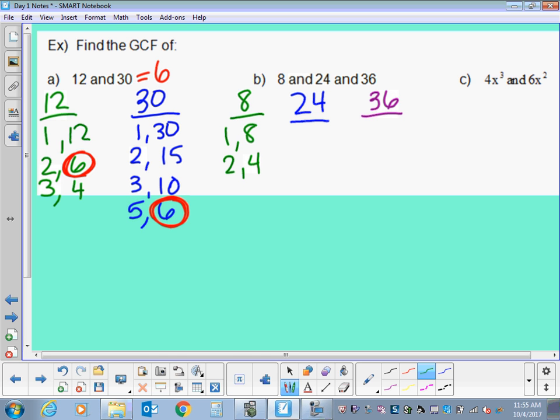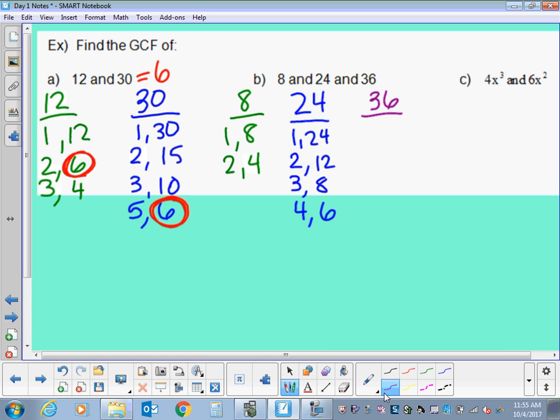Right? Yep. Caleb, what about 24? 1 and 24, 2 and 12, 3 and 8. Does 4 work? Yes. 4 and 6. That's it, right?